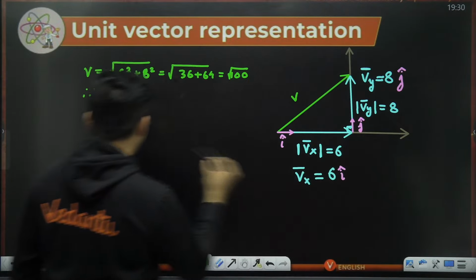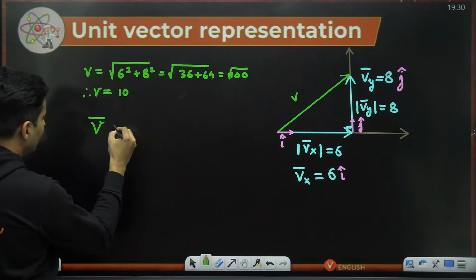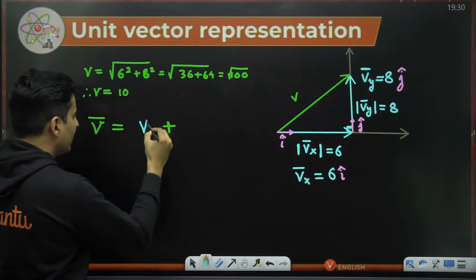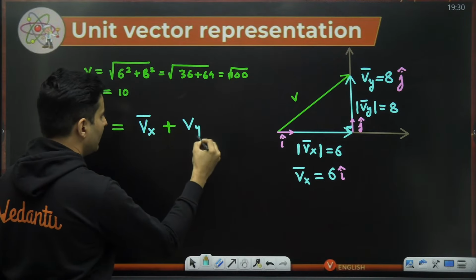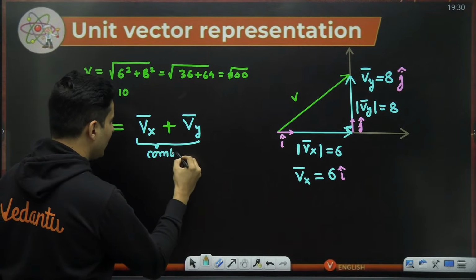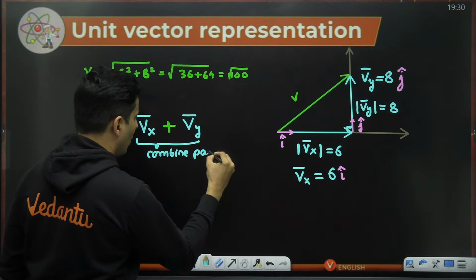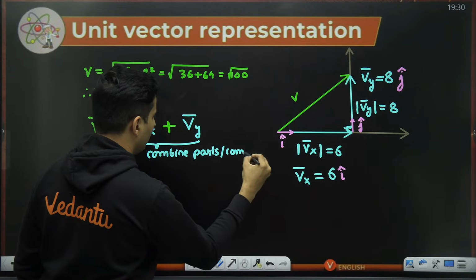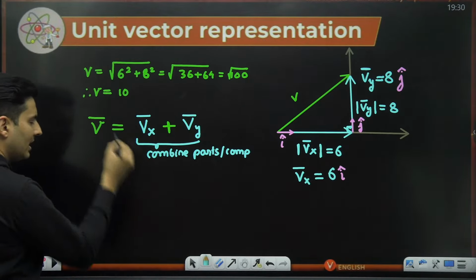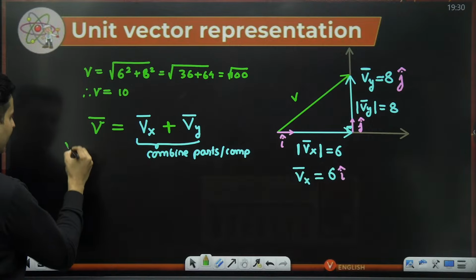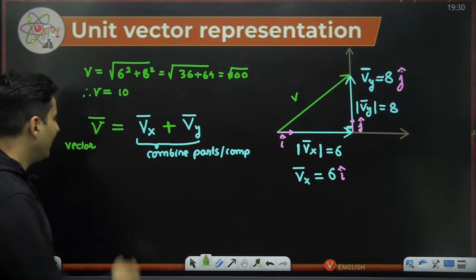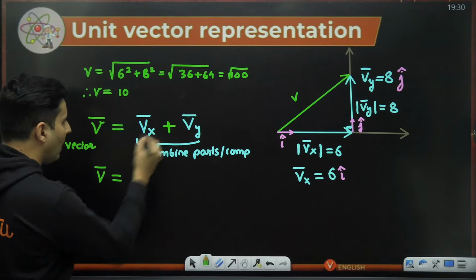Also, I have taken the vector V and split it up into 2 parts. One part is Vx bar, the other part is Vy bar. If you combine both these parts, the components, then you get our original vector V. But wait a minute, what is Vx bar?